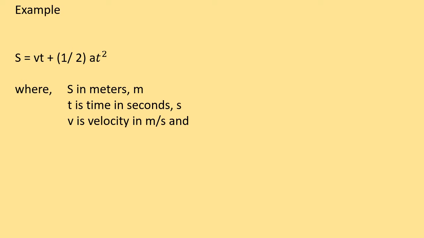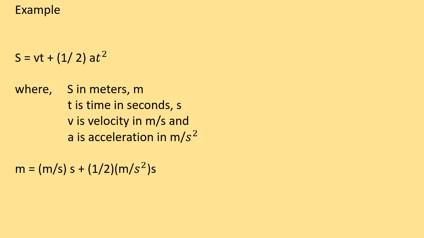The terms are each expressed in units of meter equals meter per second multiplied by second plus half multiplied by meter per second square multiplied by second square. Meter equals meter per second multiplied by second, second will be cancelled.